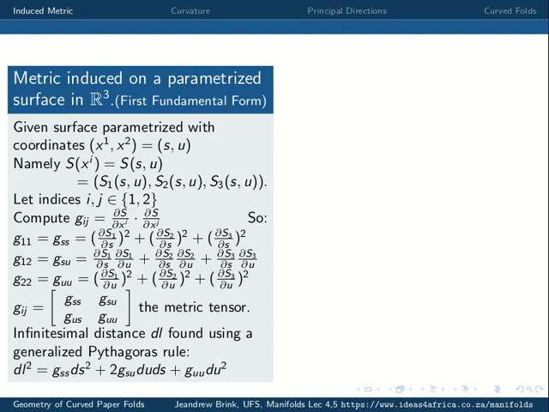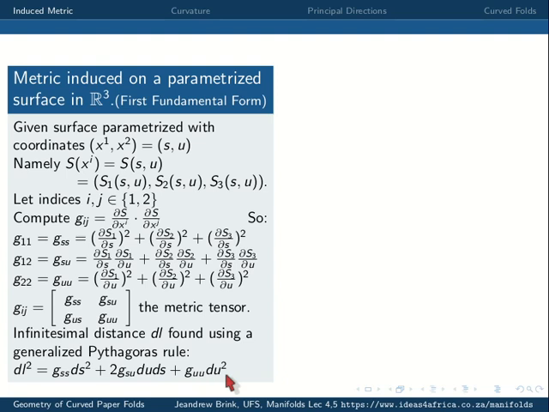The definition is simply the distance squared if you make an increment of ds and an increment of du, computed in this way. It's literally g_ss ds squared plus 2 g_su du ds plus g_uu du squared. So it literally gives you Pythagoras' rule generalized.